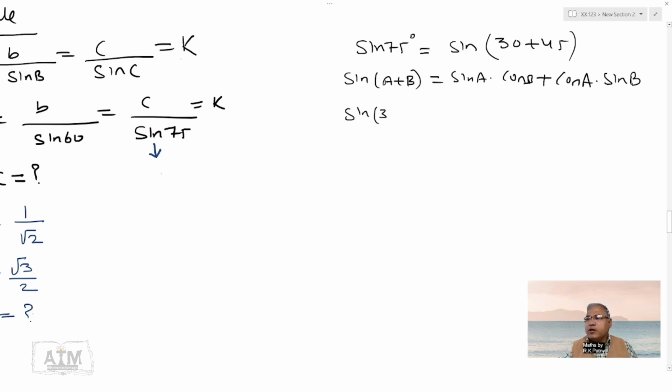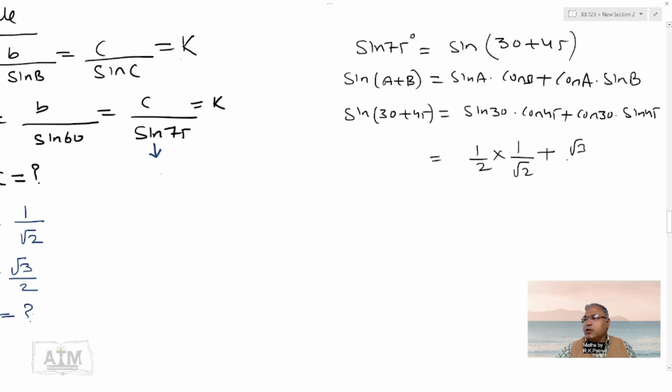Therefore, sin(30 plus 45) equals sin 30 cos 45 plus cos 30 sin 45. Sin 30 is 1 upon 2, cos 45 is 1 upon root 2, cos 30 is root 3 upon 2, and sin 45 is 1 upon root 2.